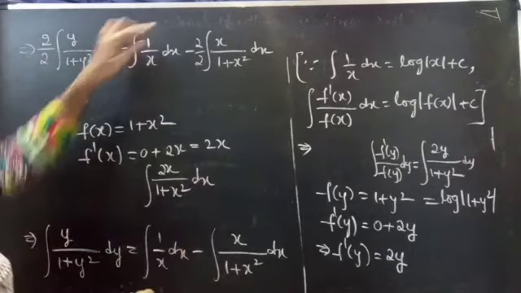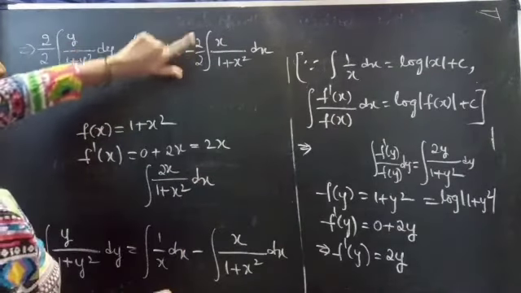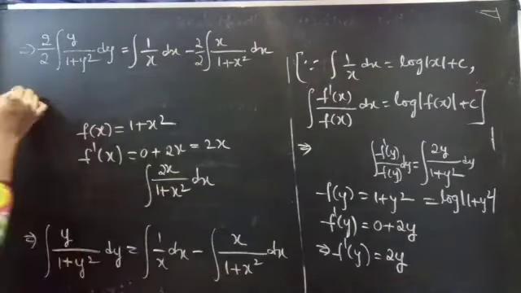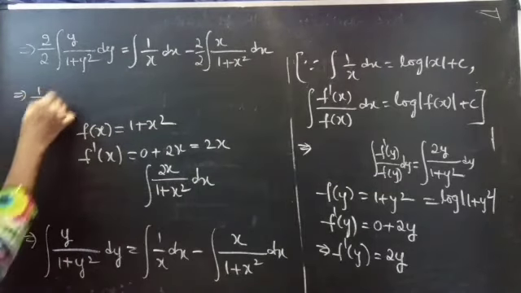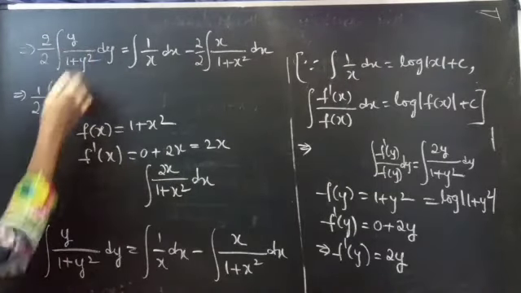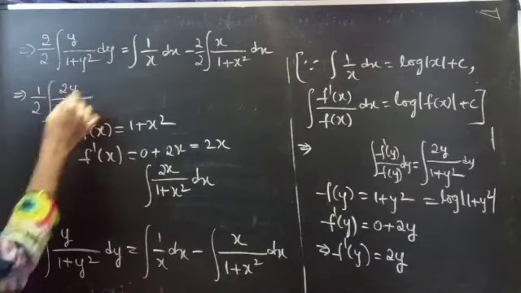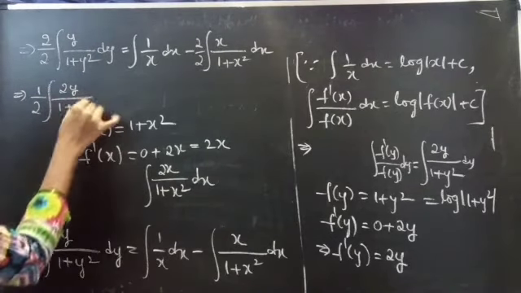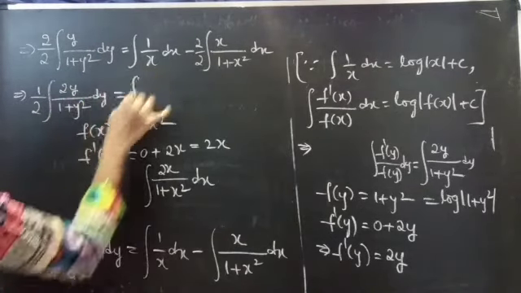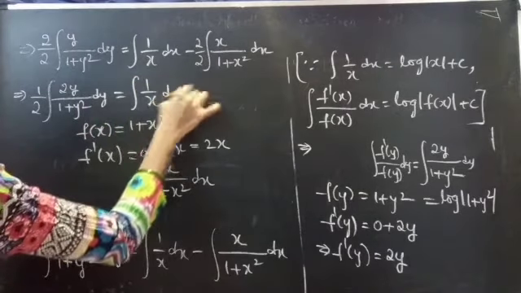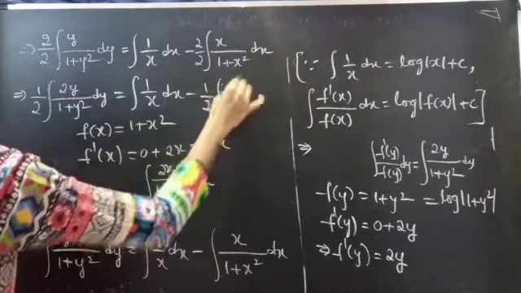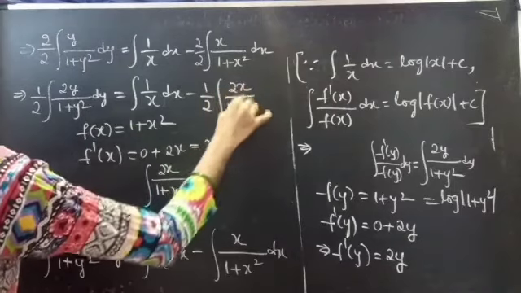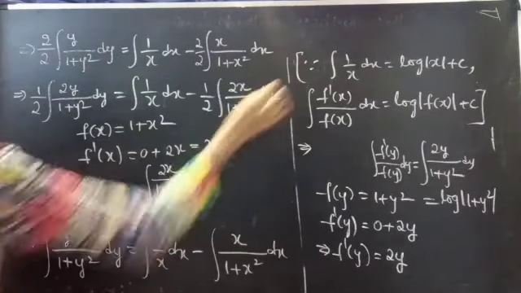For that purpose, we are going to multiply and divide 2, right? So you could write this as 1 by 2 into, now take this 2 inside the integral, you'll get 1 by 2 into 2y by 1 plus y square into dy equals integral 1 by x into dx minus 1 by 2 into integral 2x by 1 plus x square into dx, right?